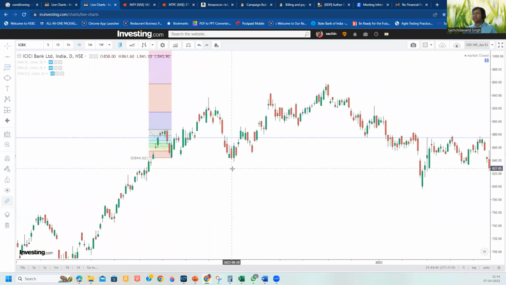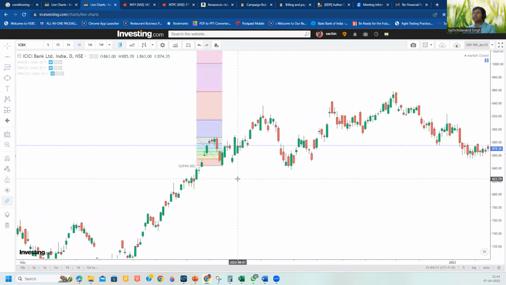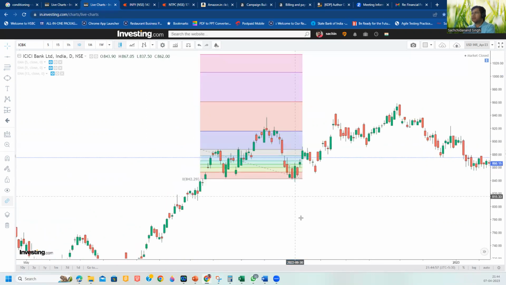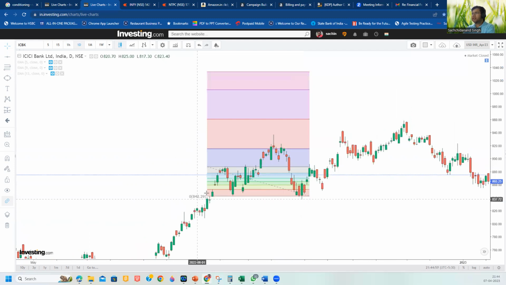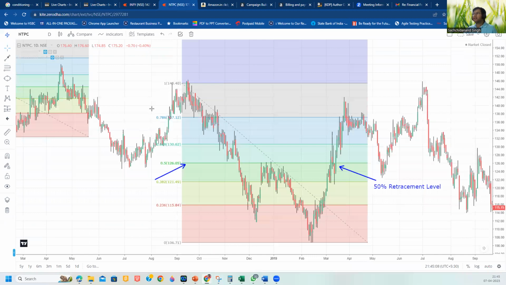Because of some temporary issue in investing.com, this tool is not working properly. Why I'm saying it is not working properly is because it is giving only one value. So as a backup, maybe I can use the chart from Zerodha. Zerodha is my trading account, and in Zerodha also you can use the chart.